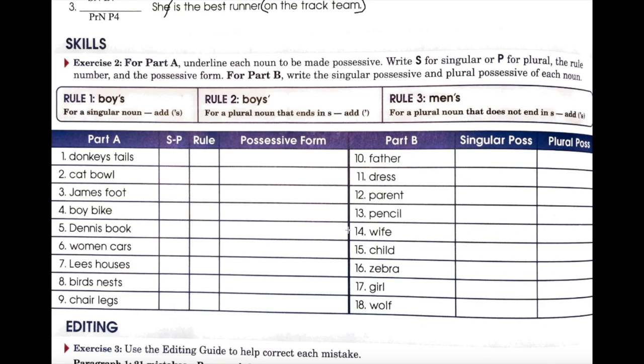Exercise 2. For part A, underline each noun to be made possessive. Write S for singular or P for plural, the rule number, and the possessive form. For part B, write the singular possessive and plural possessive of each noun. All right, number 1, donkeys, tails. The first thing we want to do is underline the noun, donkeys.